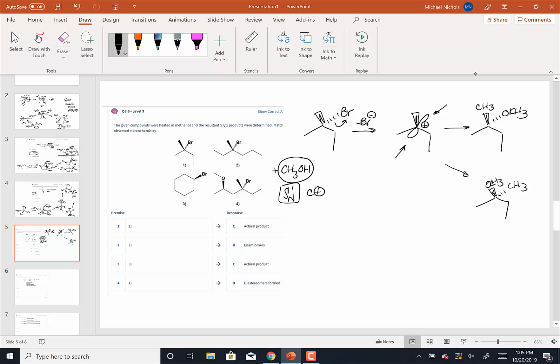So in other words, we can write this molecule where we simply put the OCH3 on a dashed wedge and on a bold wedge. In this case, since there's a single chiral center, these are going to be enantiomers.